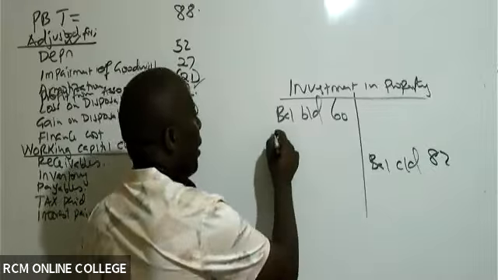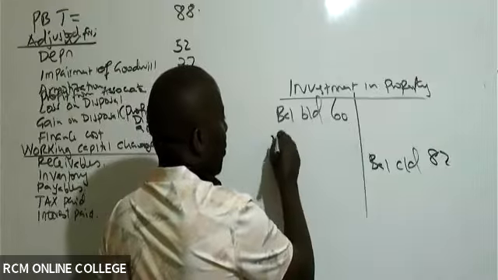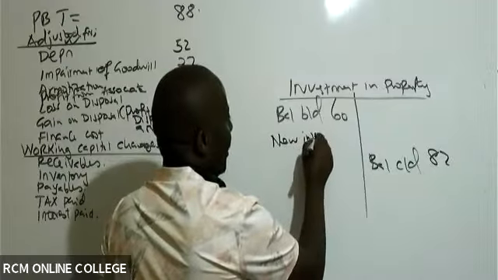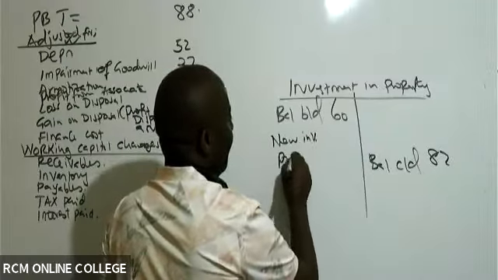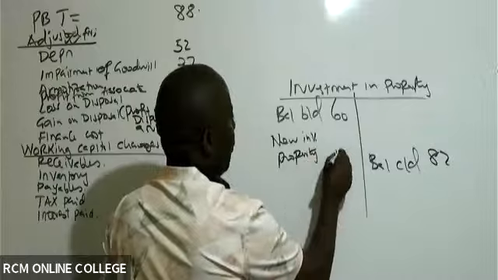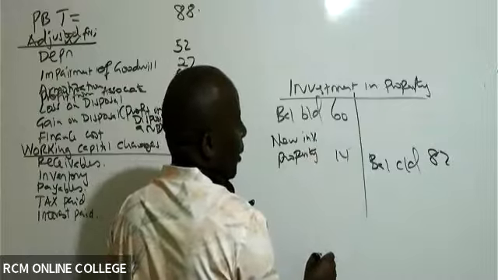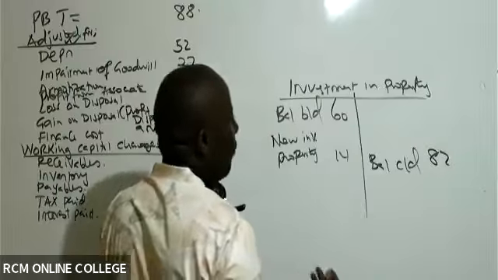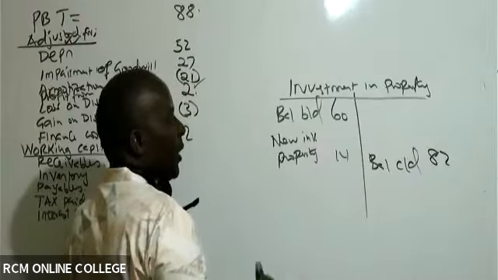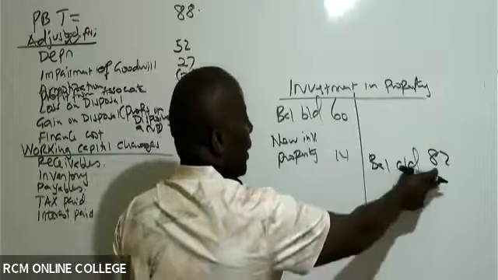So in this case this is increasing. New investment property, 14. So what else may have changed this investment in property? You see this is 74 and this is 82.